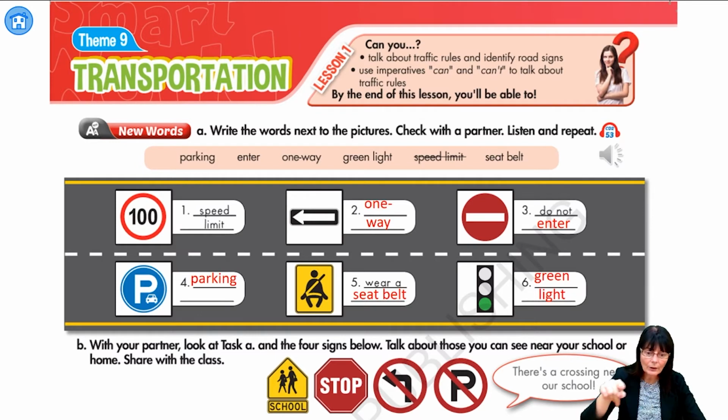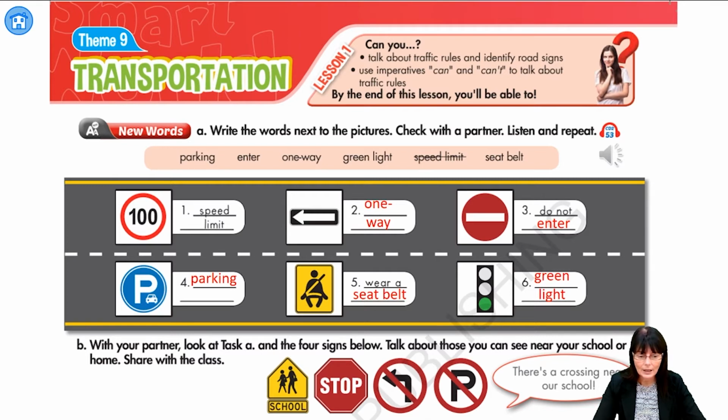The arrow points left, so that means no left turn. If you see a line through it, it means that's something you can't do. And if you see the big stop sign, make sure you stop.